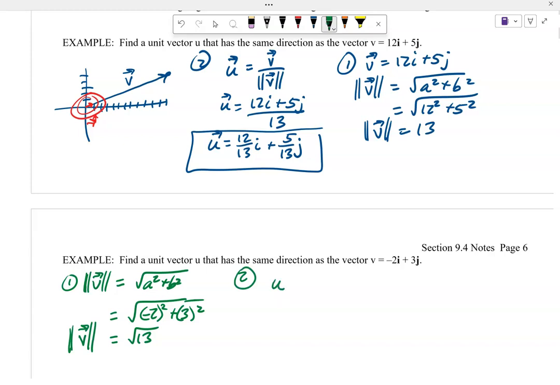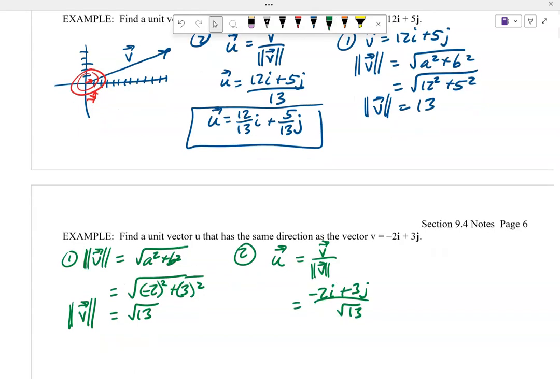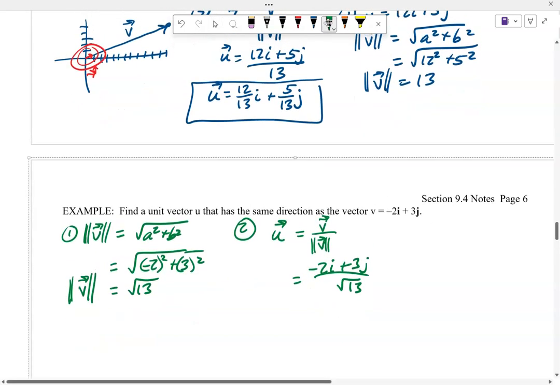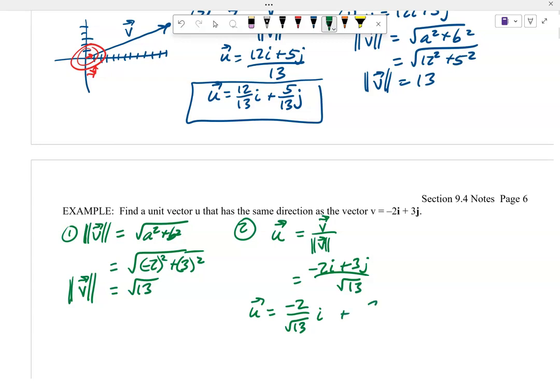To find the unit vector, which goes in the same direction but is not as long, I take the original vector and divide it by its magnitude. The original vector is -2i plus 3j, and I divide it by the square root of 13, the magnitude we just found. So the unit vector is -2 over root 13 i plus 3 over root 13 j.